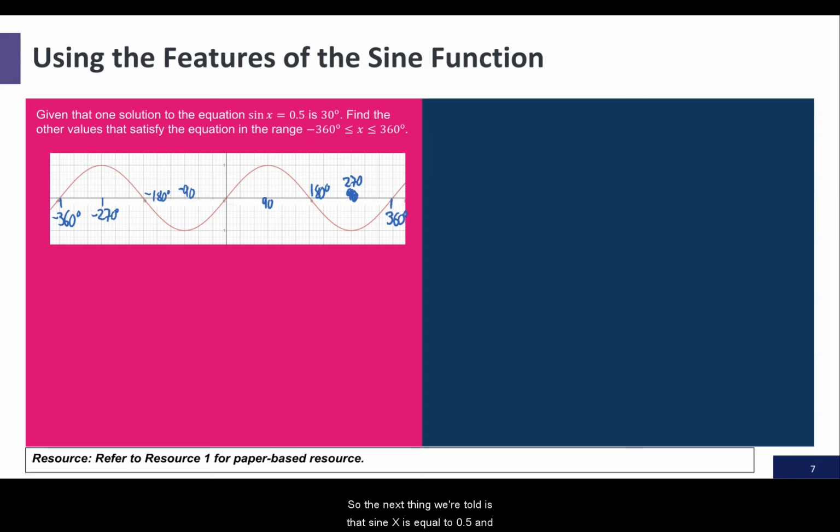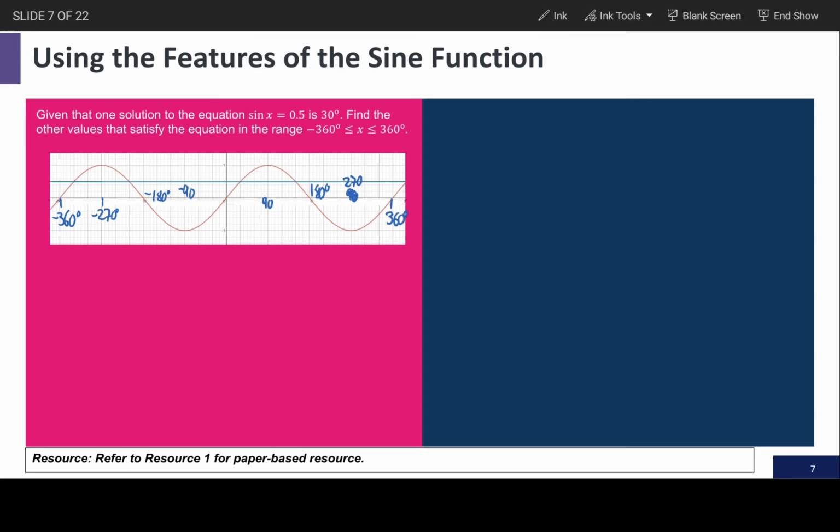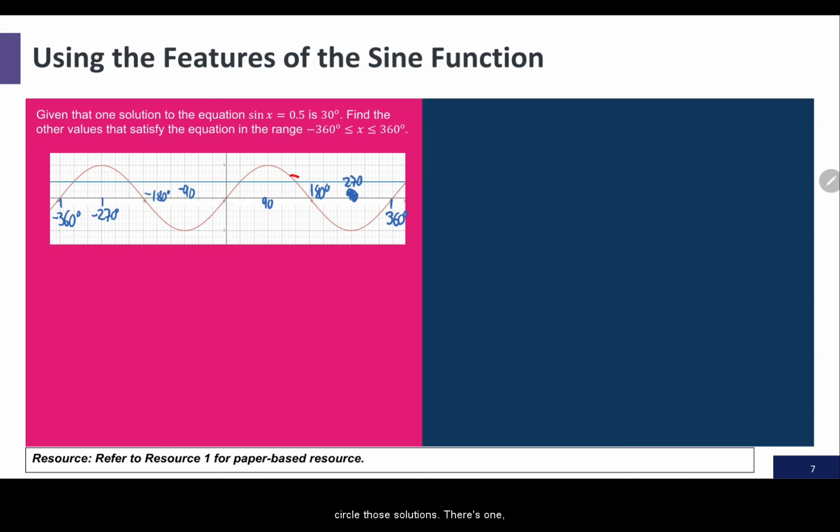So the next one we're told is that sine x is equal to 0.5. And there is the 0.5 line. So I'm just going to, in red, circle those solutions. There's one there, there's one there, there's one there, and there is one there.